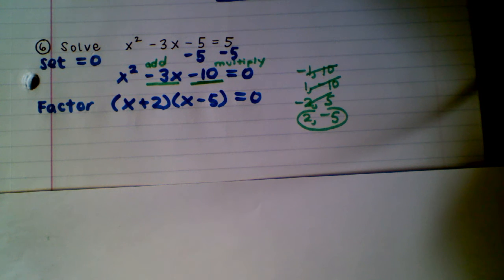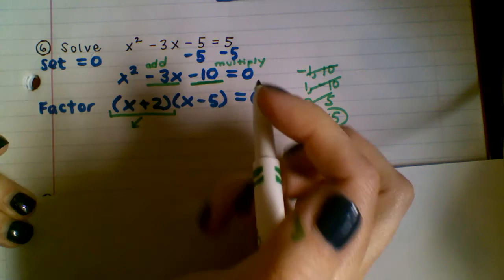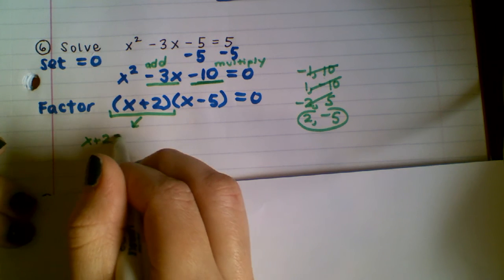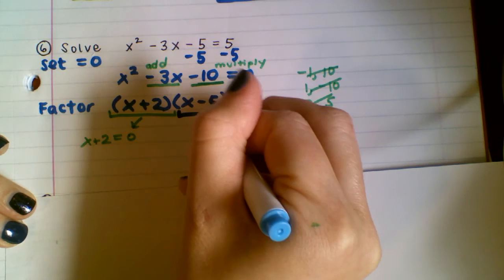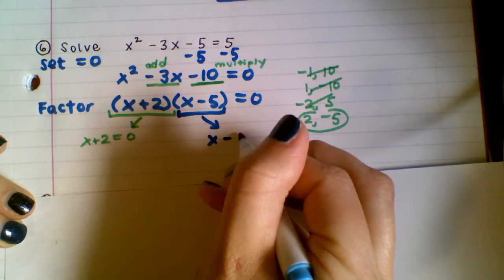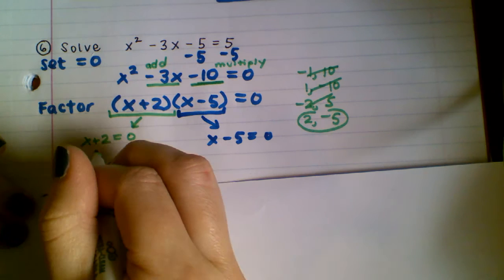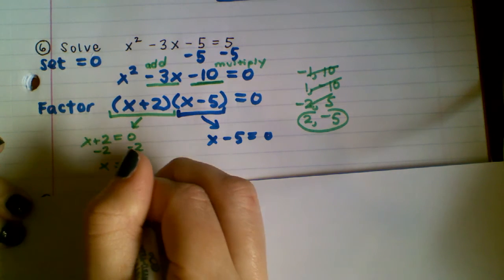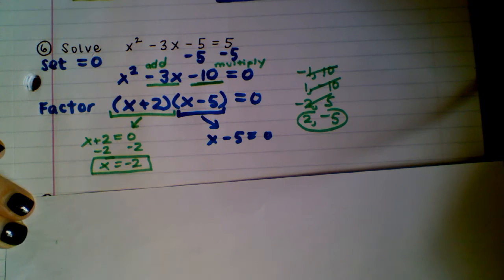And now we use the same steps we've been using. Set each product, each expression equal to 0 for the zero product property. So we have x plus 2 equals 0 and x minus 5 equals 0. X plus 2 equals 0. I'll subtract 2 from both sides. And x equals negative 2 is my first solution.